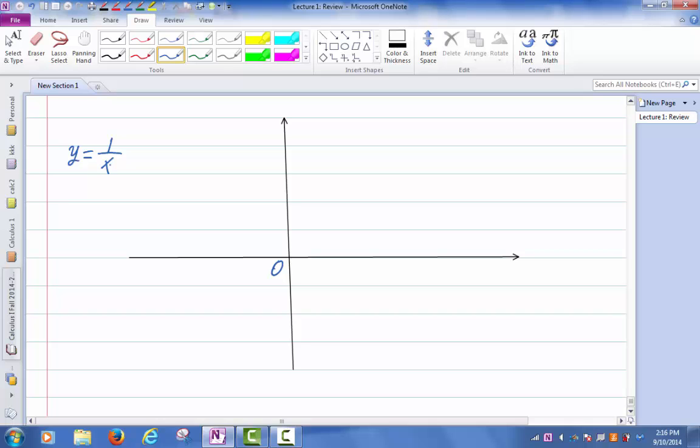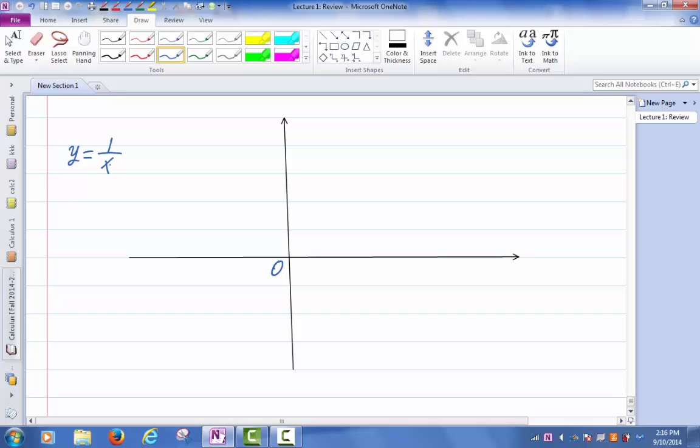For example, if x is 0.01, what is 1 over x? 100. When x is 0.001, what is 1 over x? So you can see that the closer x is to 0, the bigger 1 over x is, right?